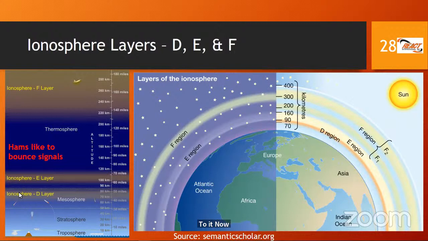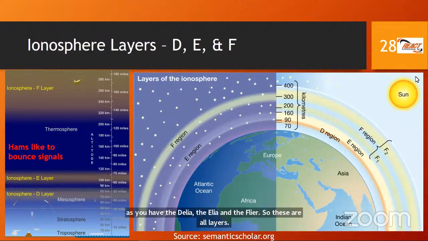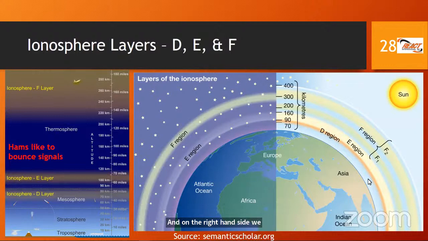On the right-hand side, again, we have the Earth and we have the various ionospheric layers. So you have the D layer, the E layer, and the F layer. So these are all layers. And on the right-hand side, we have a sunlit Earth. The sun is present on this side of the Earth, and therefore the ionosphere layers are a bit different to the dark side of the Earth at the moment.